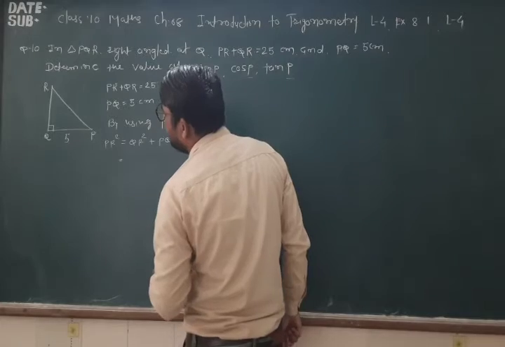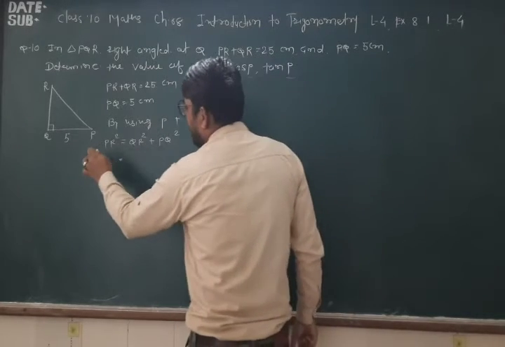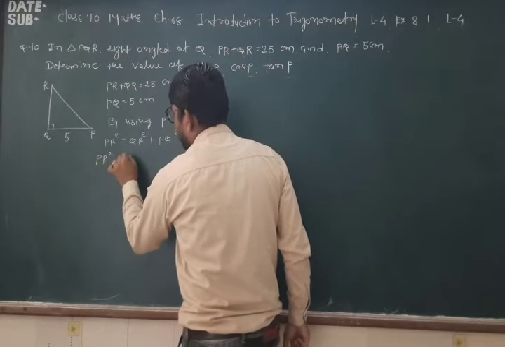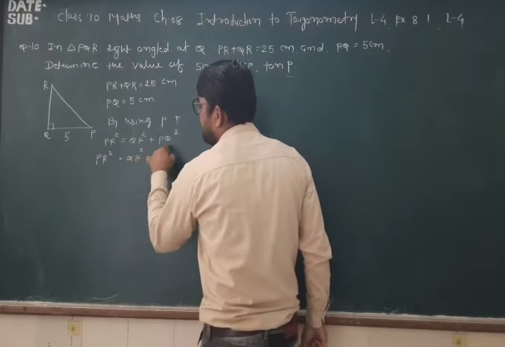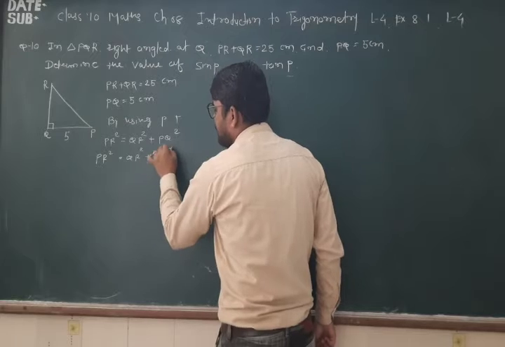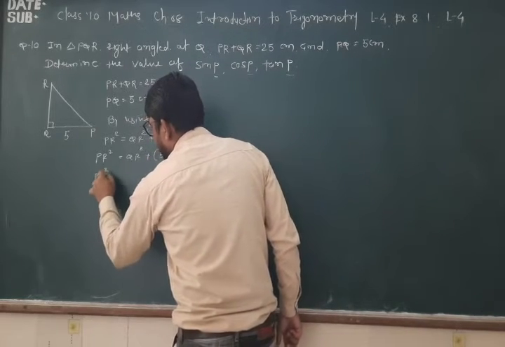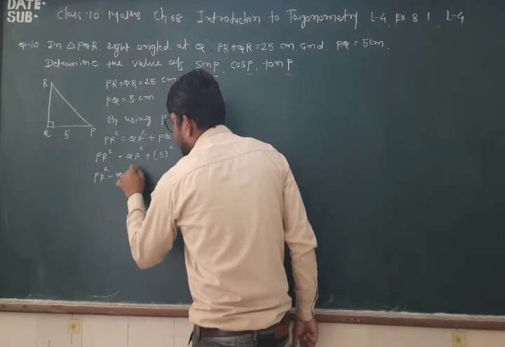Then we have PR square equal to QR square plus PQ square. What is PQ? That is 5. So 5 square. Okay. So PR square minus QR square equal to 25.